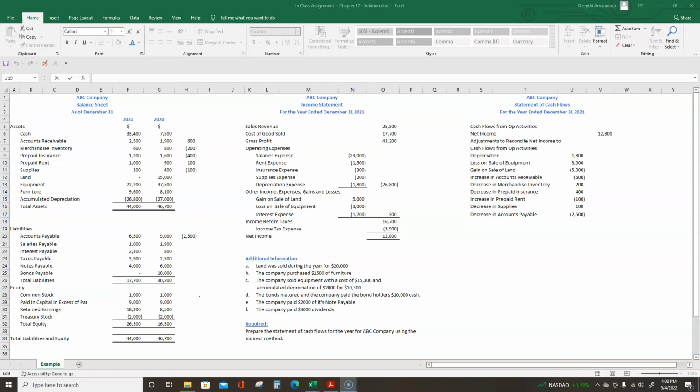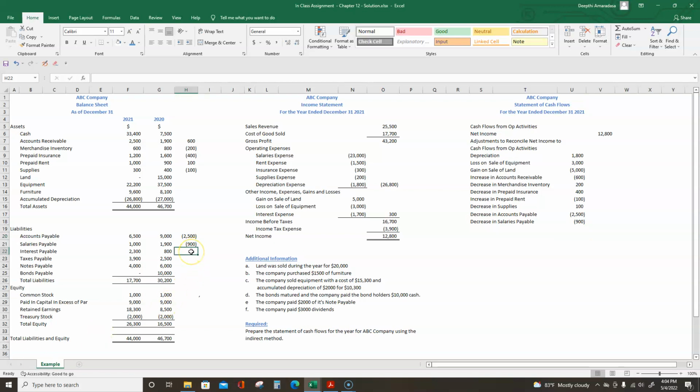Let's look at the next one, salaries payable. What happened to salaries payable? Salaries payable also decreased. By how much? $900. So the decrease in salaries payable will also cause operating cash flows to decrease by $900. Now let's look at interest payable.